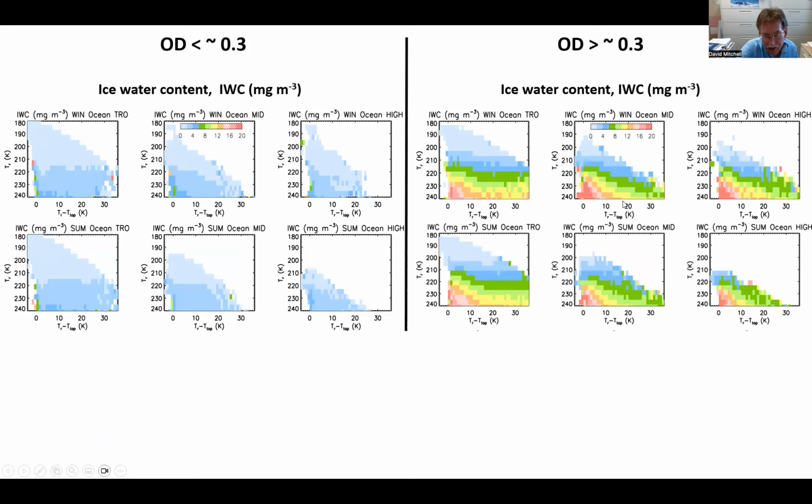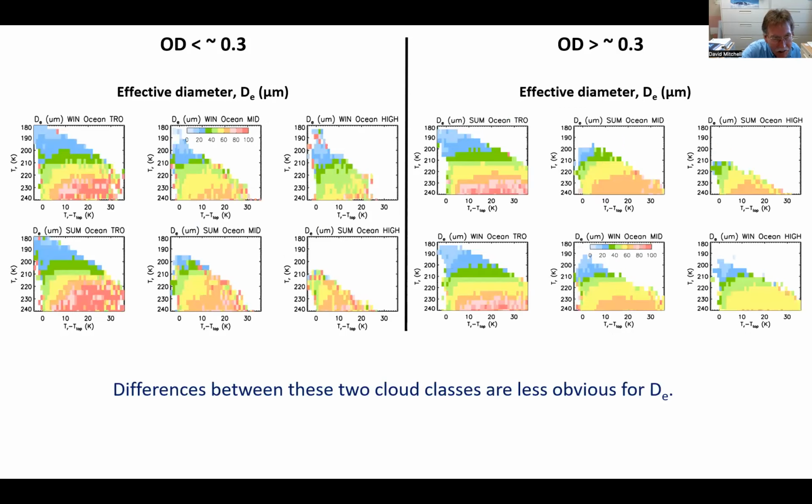And when we look at ice water content, we see the same type of thing. The ice water content on the right side is much higher, especially for the thin cirrus clouds and the warmer cirrus clouds. So that's more characteristic of homogeneous ice nucleation. On the left side, it's more like heterogeneous nucleation rules the day there, so you don't see that feature as much.